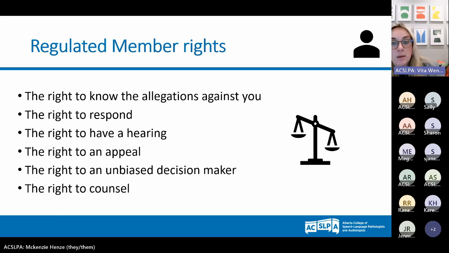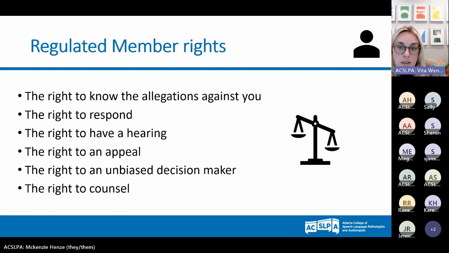So going back to the beginning of the presentation, when I said, as a complaints director, I would not be on the hearing tribunal. I would be before the tribunal, advocating for a finding of unprofessional conduct, but I would not be that decision maker, of course. So there are protections in the Health Professions Act to ensure that a regulated member doesn't have a biased decision maker, doesn't have the complaints director on the hearing tribunal, etc. And then, of course, the right to counsel.